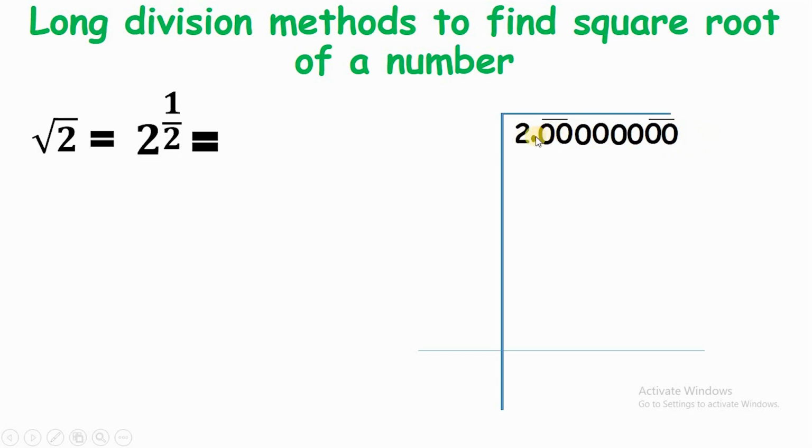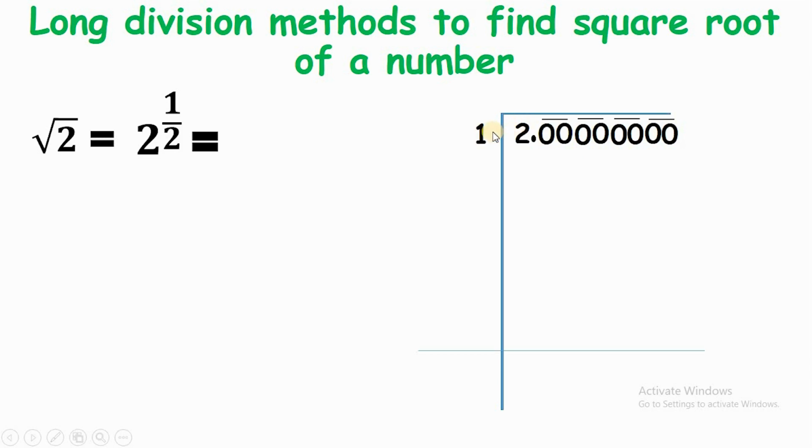And now the important thing over here is numbers after the decimal points are grouped from left to right, or they are made in a group of pair from left to right. So we'll make a group like this.